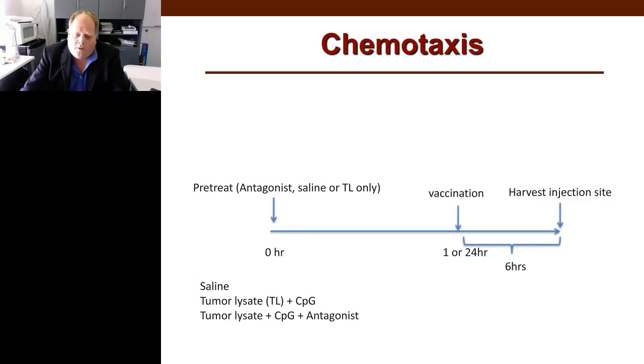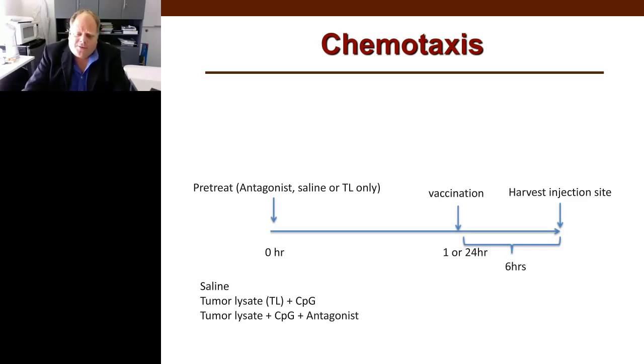Either 1 or 24 hours later, we came back and we vaccinated them with saline for our saline group, tumor lysate plus an adjuvant for our tumor lysate group, or tumor lysate plus adjuvant plus our antagonist. 6 hours later, we went ahead and harvested the injection site. So now we're looking where we put the antagonist plus our adjuvants and tumor lysates.